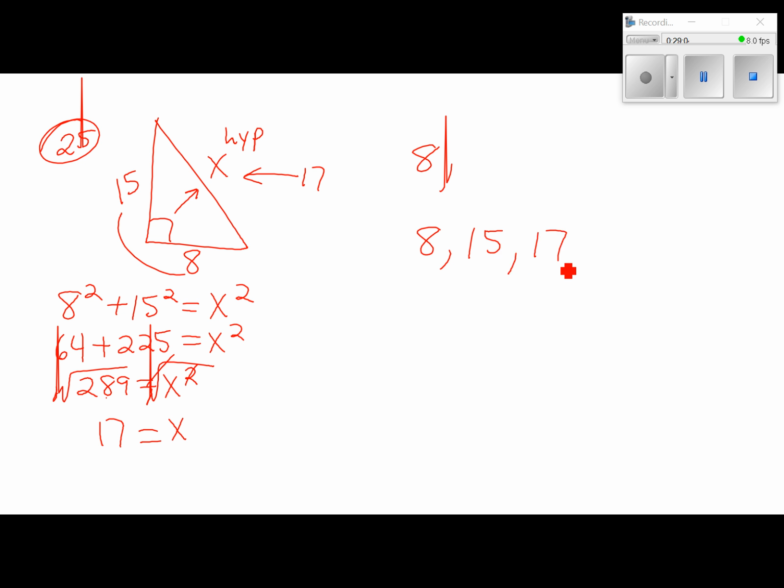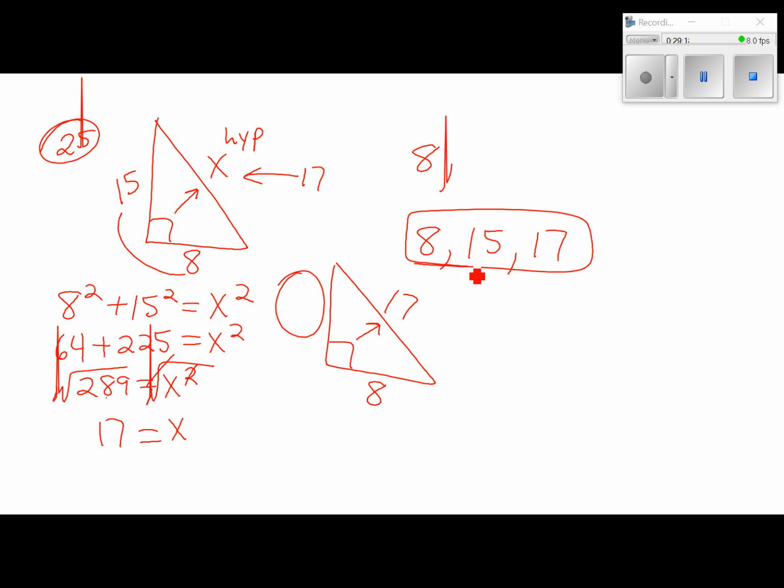So if you see a triangle with a leg that's 8 and maybe the hypotenuse is 17, you can use this triple, called a Pythagorean triple, and know that the other leg has to be 15, instead of doing all the math or all the work for it.